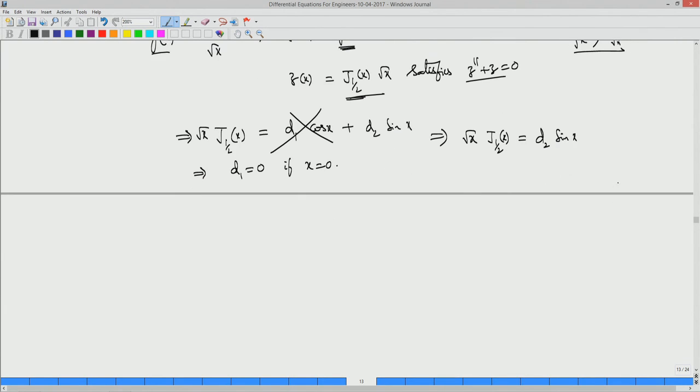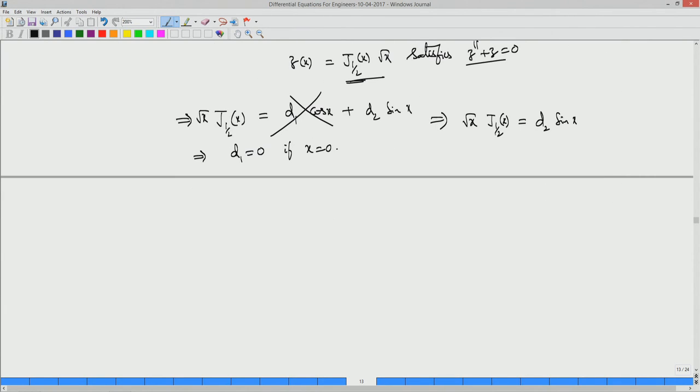So, how do I find my d2, so that I can get my J half in a nice expression? You write simply d2 as root x J half of x divided by sin x. If d2 is a constant, now if I take this limit, it should give the same value at x equal to 0 or any other value.